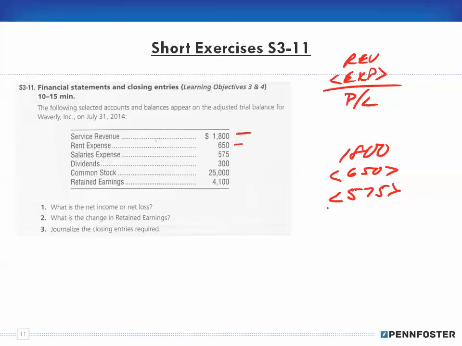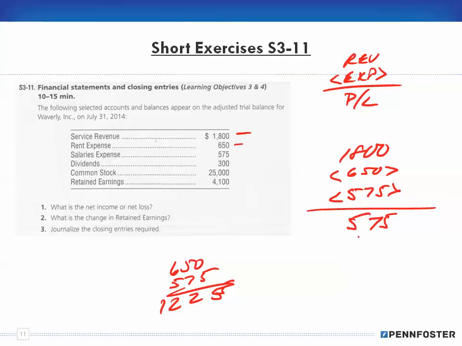And that gives us, let's see here, well, 650 and 575 is $1,225 from 1,800, which is 575. That gives $575 as our net income. So 1,800 less 650 less 575 gives us $575 as a profit.